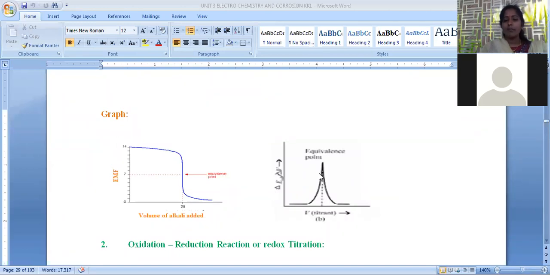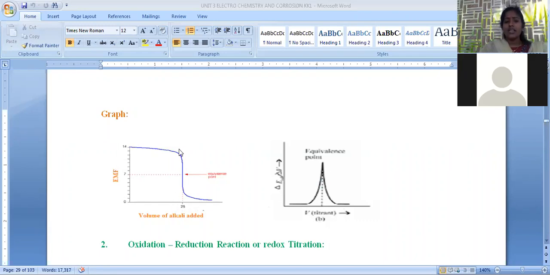Where the maximum peak is, this peak region is considered the equivalence point. The point of inflection corresponds exactly to this peak height. So both give similar information, but the representation is somewhat different. Here EMF versus volume of alkali is plotted. Here the ratio of the difference in EMF to the difference in volume versus volume of alkali is plotted.